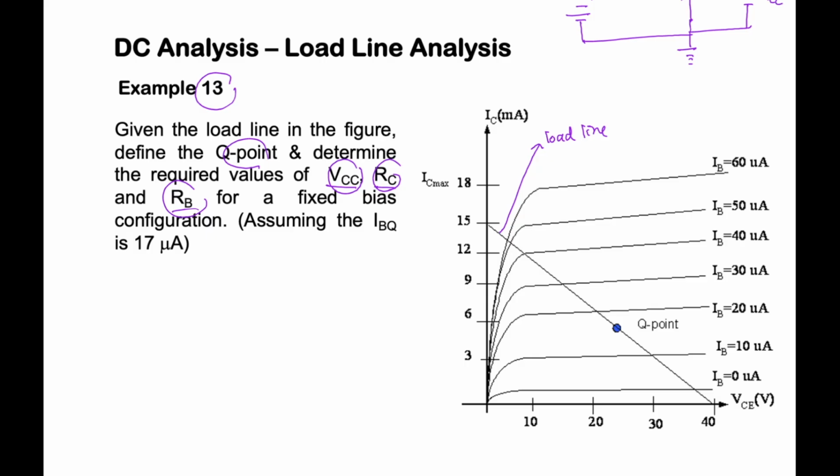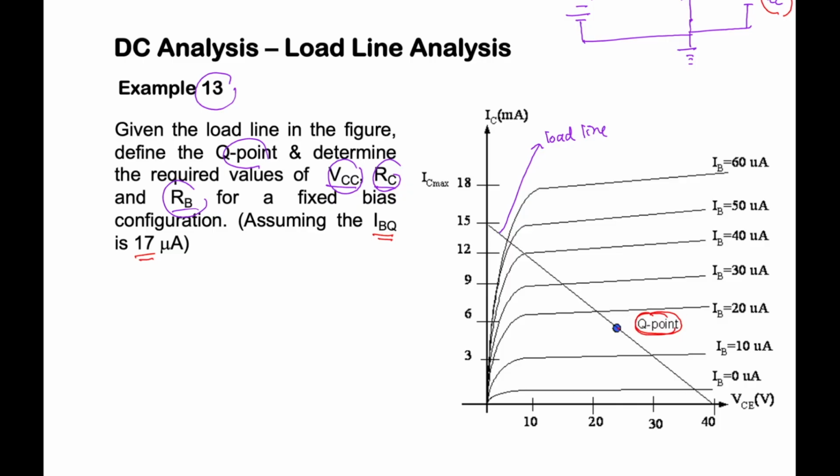What we need to determine is the value of RB, the value of RC, and the value of VCC. They also tell us to assume the value of IB is 17, and the graph provides the location of the Q point.